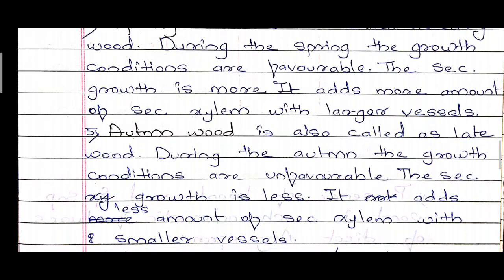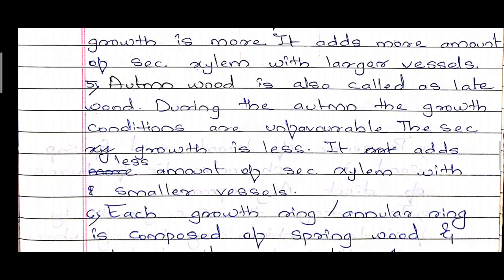What is autumn wood, which is also called the late wood? In autumn season the growth conditions are unfavorable. In that period the secondary growth will be less, so they add a smaller amount of secondary xylem and comparatively smaller vessels. Due to these different seasons, spring and autumn, the conditions are favorable and unfavorable, so the growth depends on the conditions.